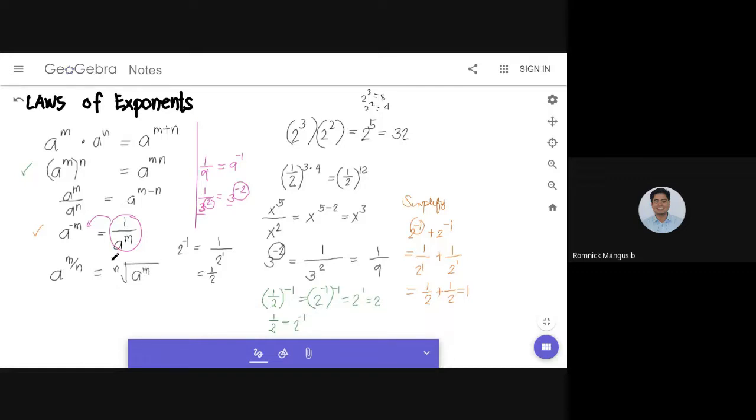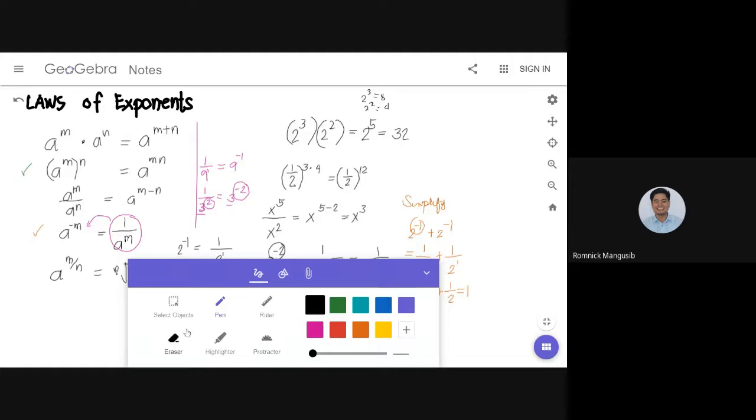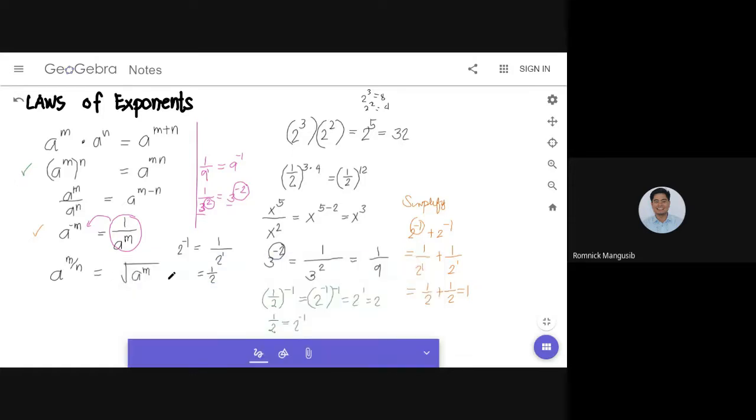Kaya ang tawag dito, nth root. Okay? That must be nth root of a raised to m. Okay? So, ganyan yung itsura niya.